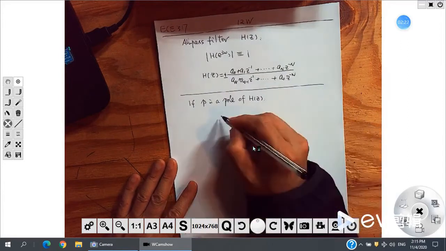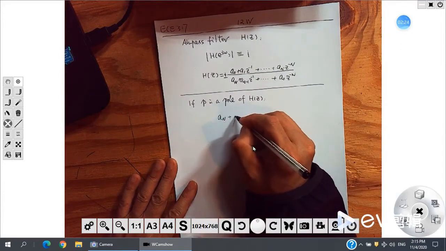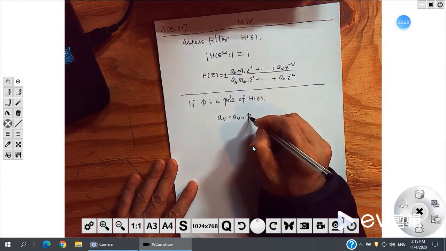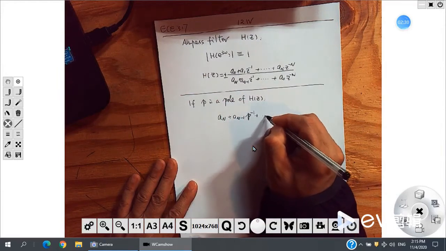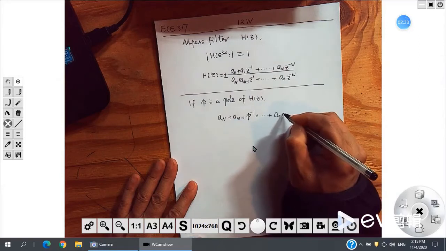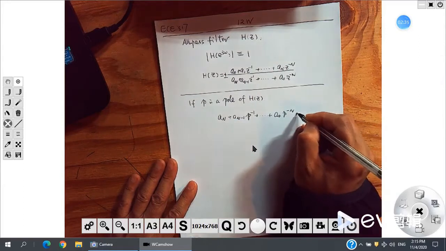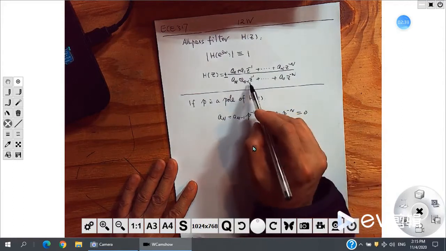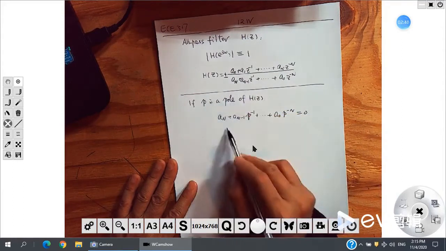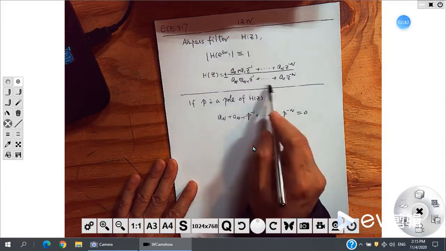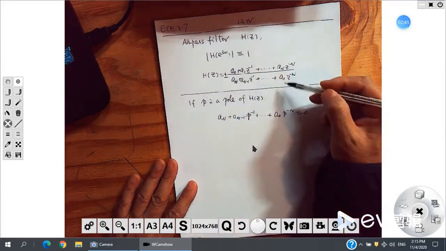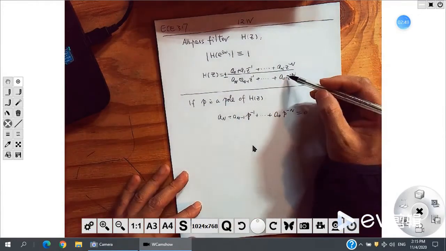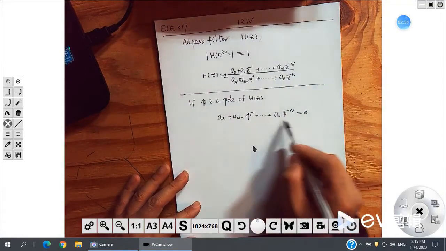We will have AN plus AN minus 1 and so on, with Z equal to P, down to A0 P to the negative N. This will be 0, right? P is a number you plug in. With Z equal to P, the denominator will be 0. Then the whole fraction is meaningless because it is infinite. So we call this a pole, right? As a pole, we have this equation.